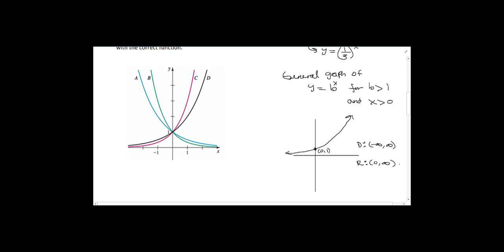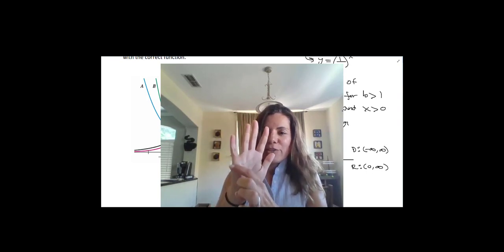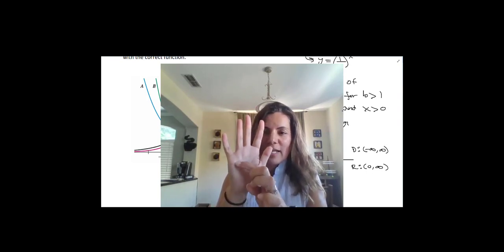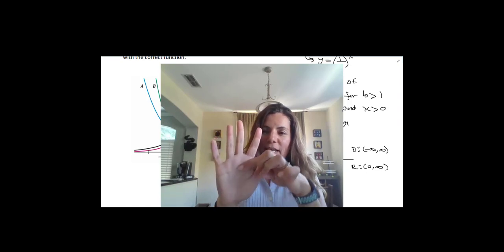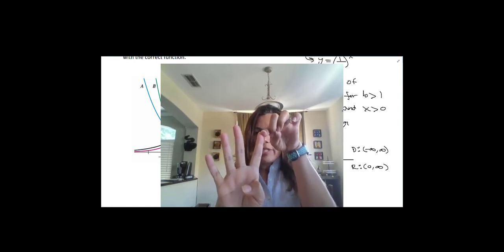So I always say that you always have your exponential graph on your right hand. So if you look at your right hand, so let me turn on my camera real quick. I don't know how it's showing in your video if I'm mirrored, but I am looking at my right hand. You will see right underneath your pinky, there's a line. And then if you follow that line to your index finger, that is your e to the x.